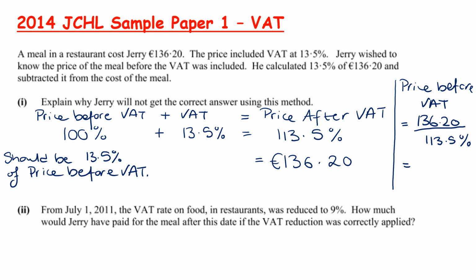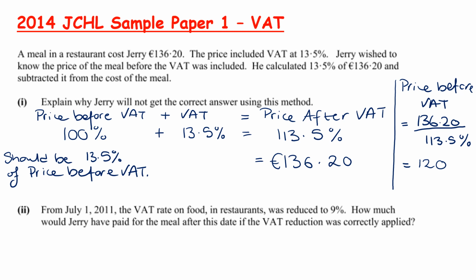And that's fine, but there's a lot that can go wrong with that extra decimal. So 136.20 divided by 113.5. Make sure you're putting in that percentage, and that gives me €120. That's what I meant by the shortcut. Now, the other method there is finding 1% and then working on 1% to find 100%, and that's absolutely perfect as well.